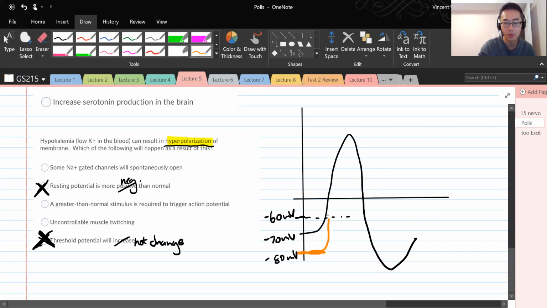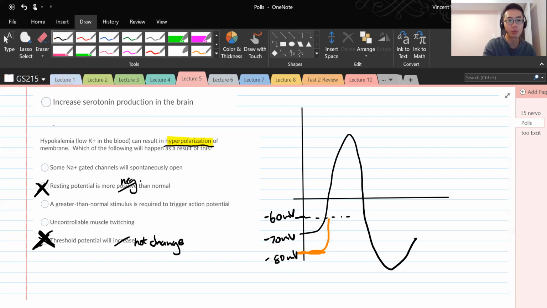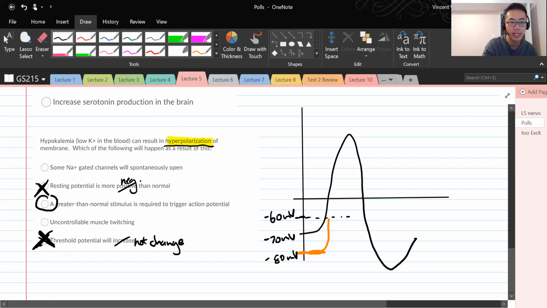So in order to do that, the stimulus would have to be stronger. If you start off at negative 70, there's only a difference of 10 millivolts. But if you start at negative 80, now you have a difference of 20 millivolts. That is why it requires a greater than normal stimulus to trigger the action potential, to cross the threshold.